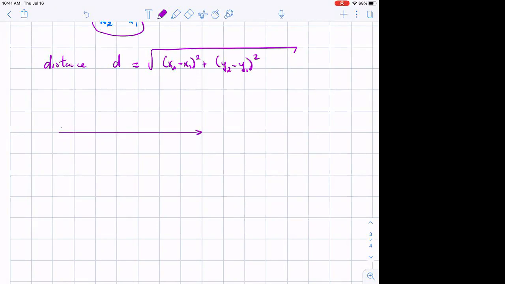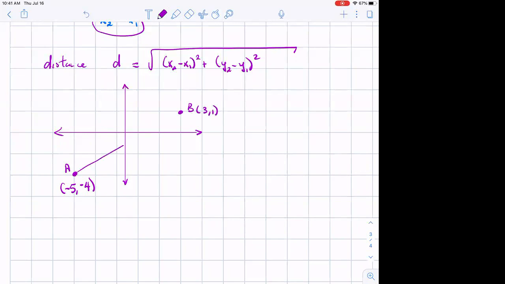now if I gave you 2 points, let's say this point is A, negative 5, negative 4, and this point B here is 3, 1.